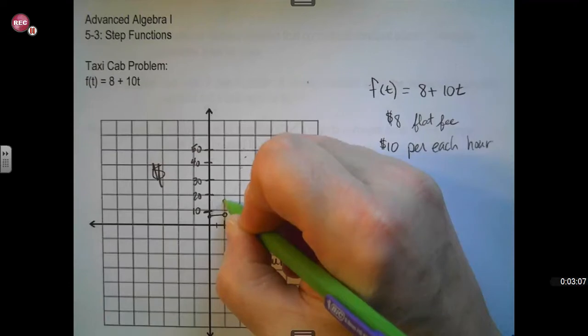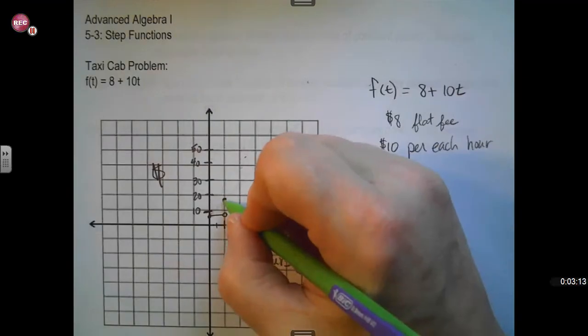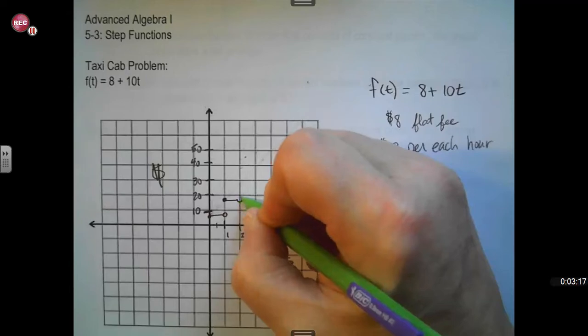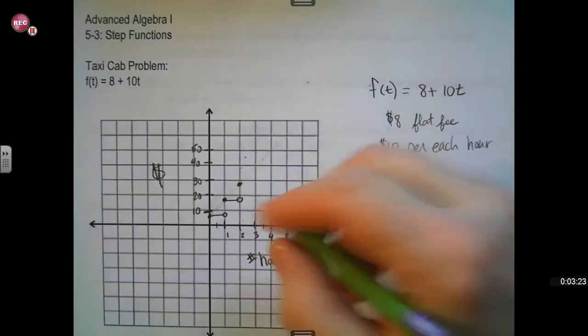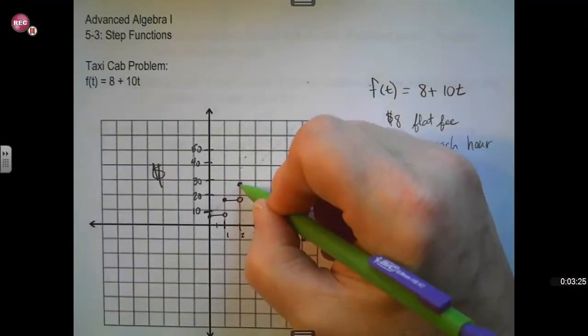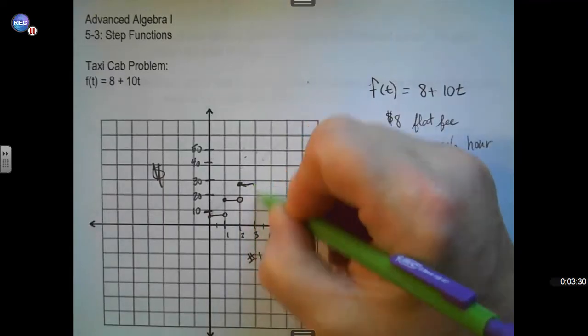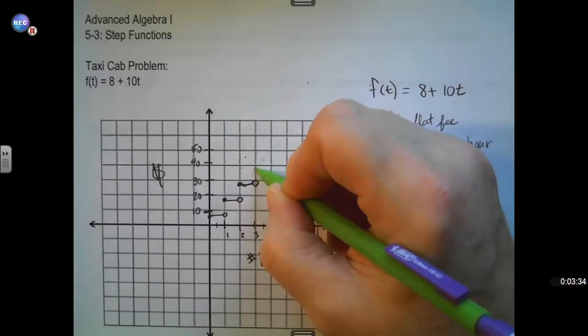So now I'm at 18, and I'm at $18 all the way through here until I hit 2 hours. And then at 2 hours, it's going to jump up to $28. It's going to stay $28 all the way over to here until I hit 3 hours, and then it's going to jump up to $38.